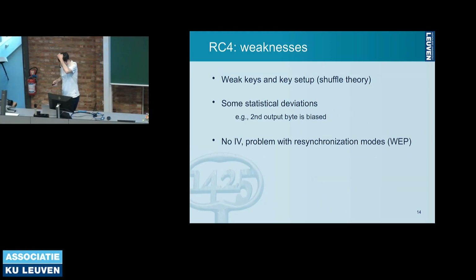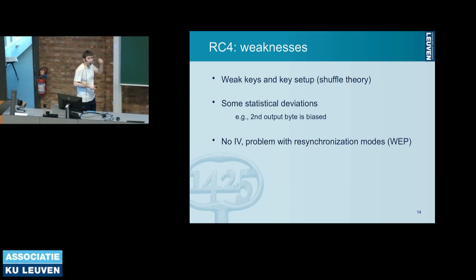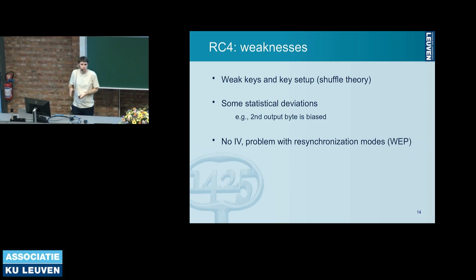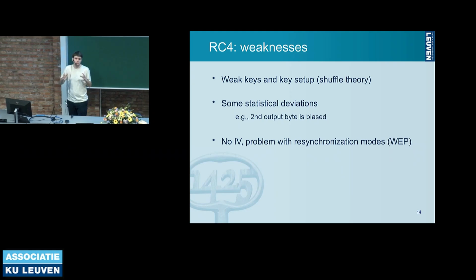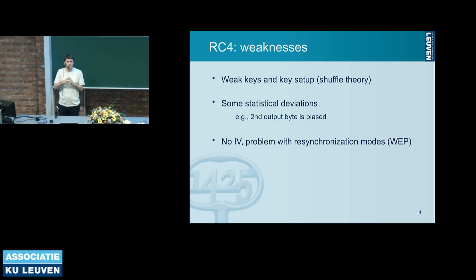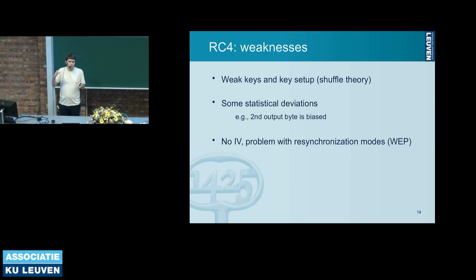Now, I already said RC4 is not actually secure, and there are several issues with it, not just one. One issue is the initial setup where we create the table S. If you take a random key, it should indeed produce something that looks like a random shuffle.